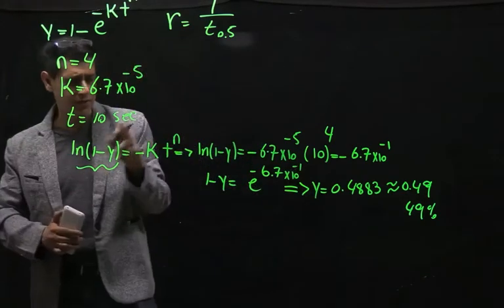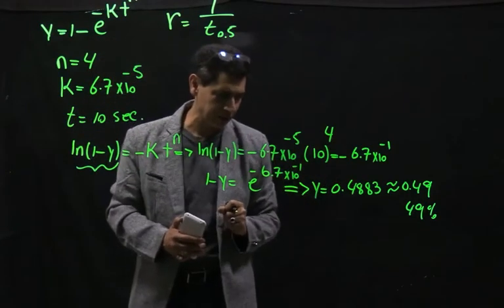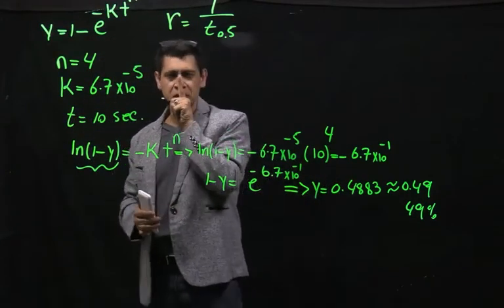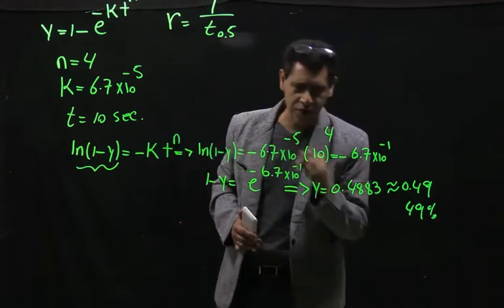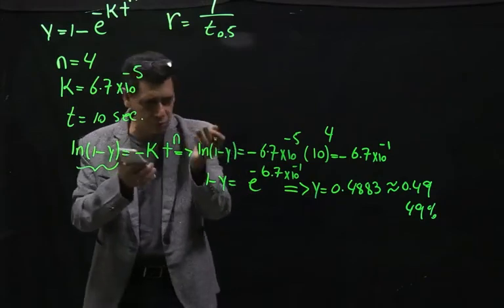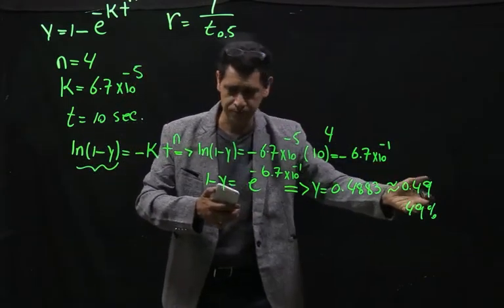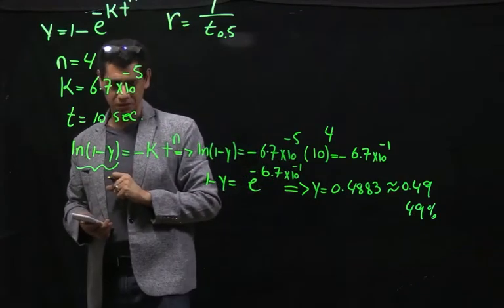In this case, I want to calculate how long it takes for 50% to be completed. I assume if it takes 10 seconds for 49%, it should take a little longer, I don't know, 1, 2.5 seconds longer. But let's see this here.